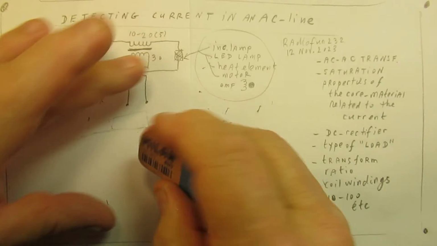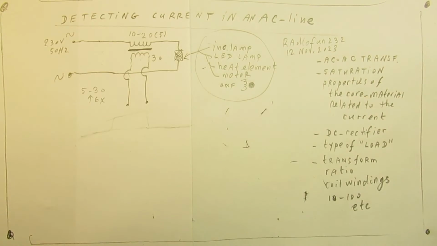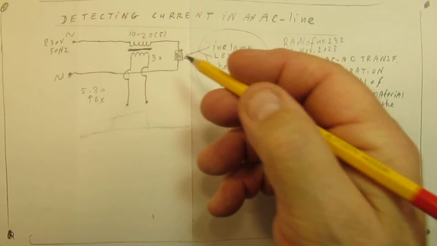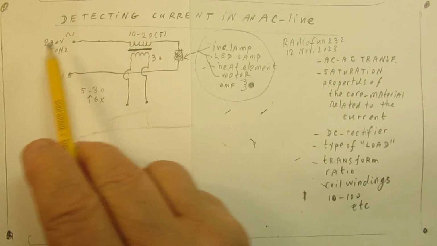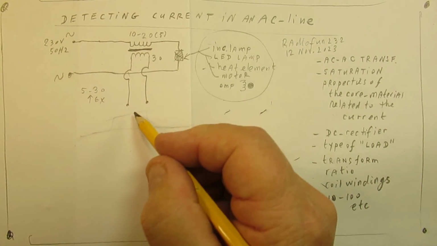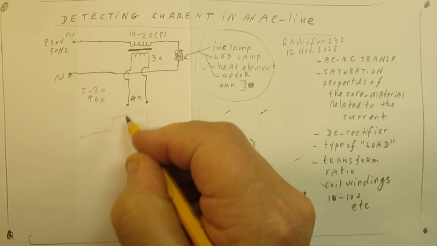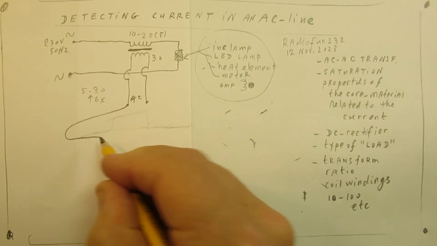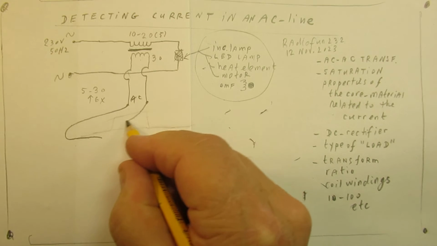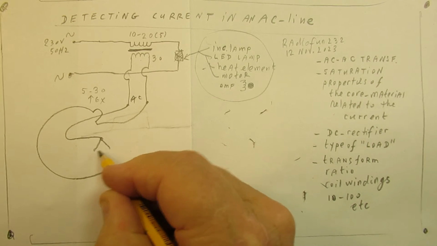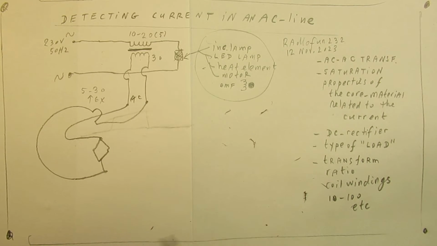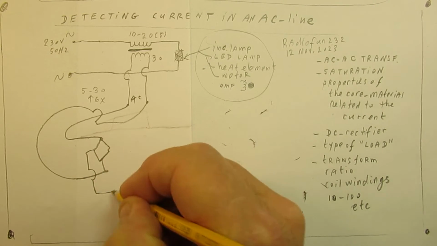I want to give a somewhat other demonstration. Here you will surely see that when you make this circuit you have here an AC voltage. So what can we do with an AC voltage? Well, that's completely logical. We can rectify it with a bridge rectifier.